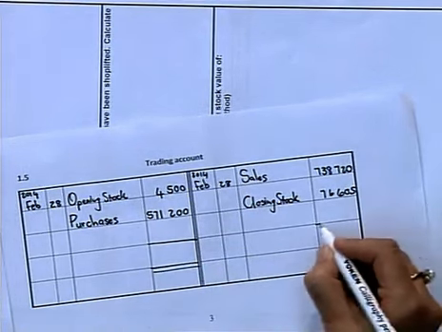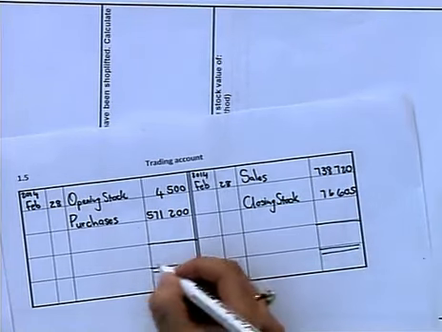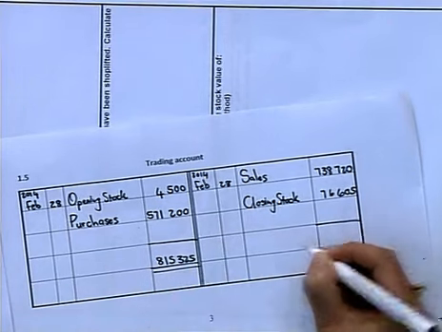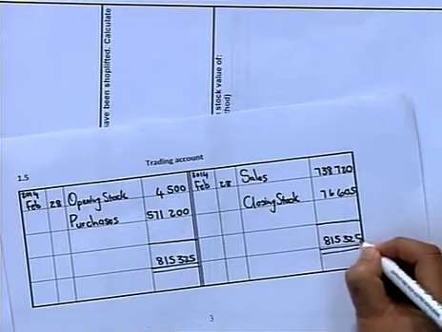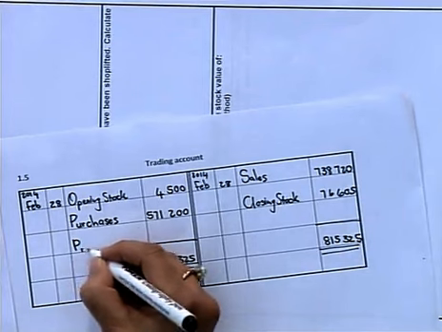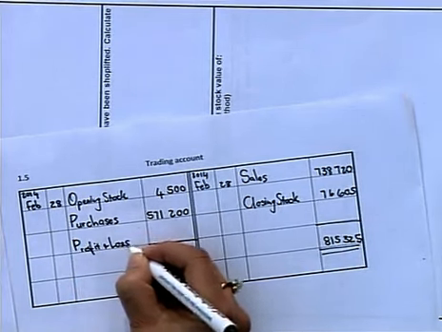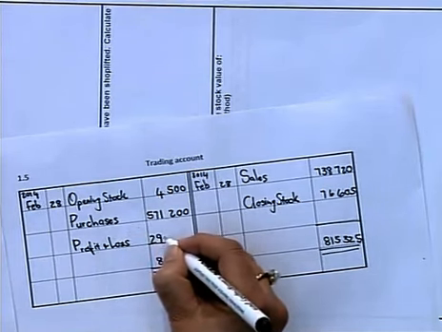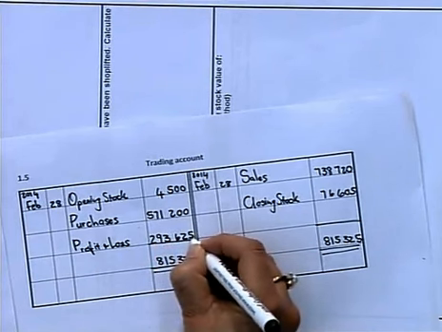If you balance this out or close it off, you will get to 815,325 on this side, 815,325, and that means the amount that is closed off to the profit and loss account, which is your gross profit, which we've calculated earlier on, but this is what it would look like in your ledger, is 293,625.